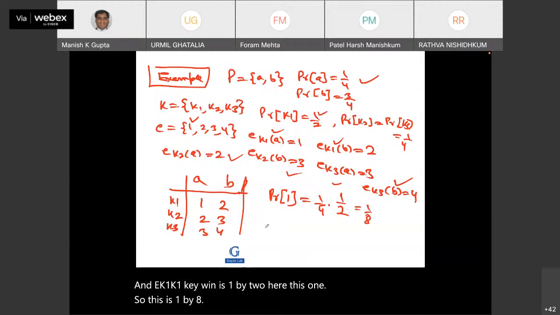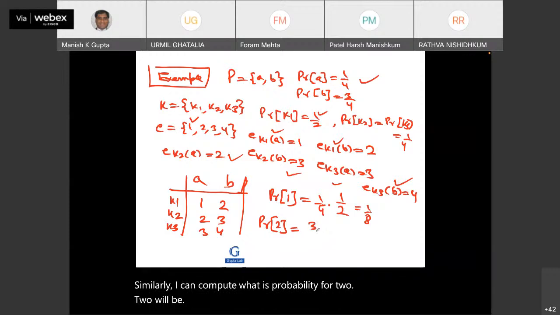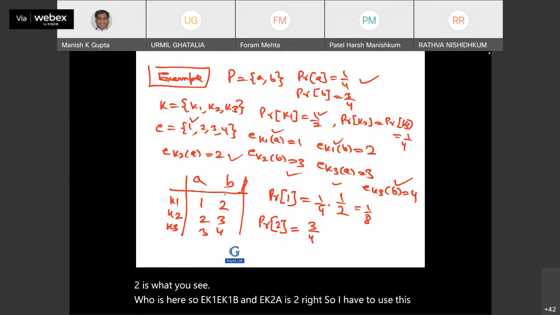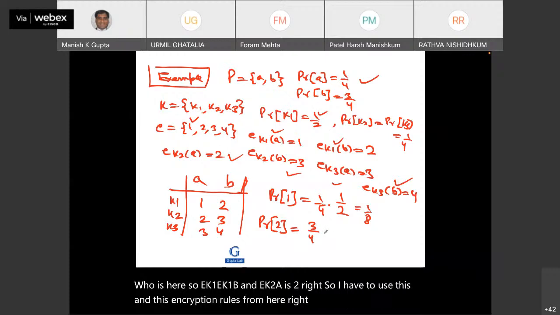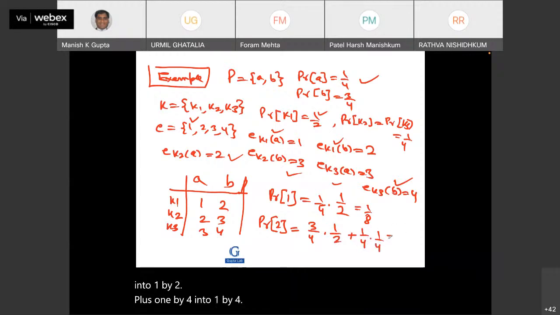Similarly, I can compute the probability for 2. You see, 2 is here: e_K1 of B and e_K2 of A give 2. So I have to use these two encryption rules. So it is 3/4 into 1/2 plus 1/4 into 1/4, which is nothing but 7/16.